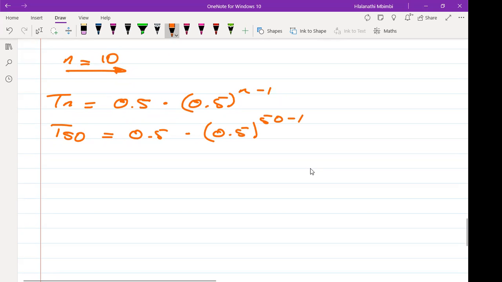50 minus 1, does anyone want to compute that for me? It's 8.9 times 10 to the negative 16. Sure, 8.9 times 10 to the negative 16.